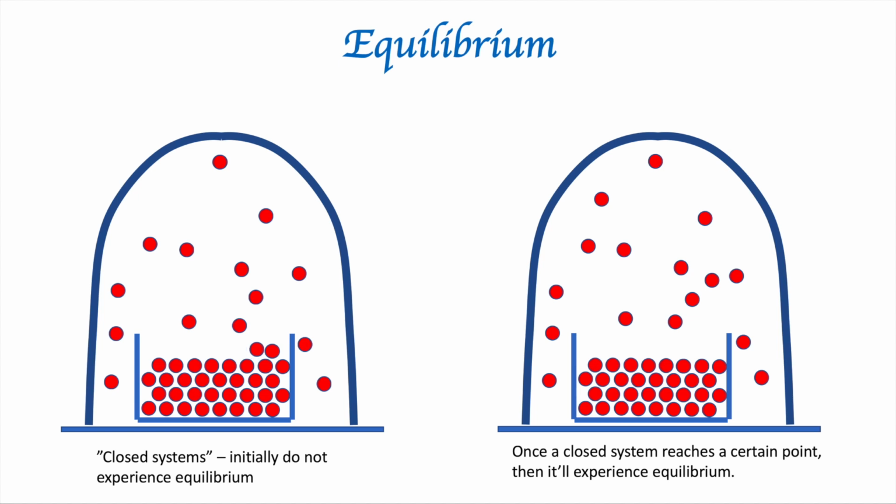And this is very temperature specific. At this point right here, let's imagine that this has reached a point of equilibrium. There is a certain number of water particles in the gaseous phase, and a certain amount in the liquid phase.